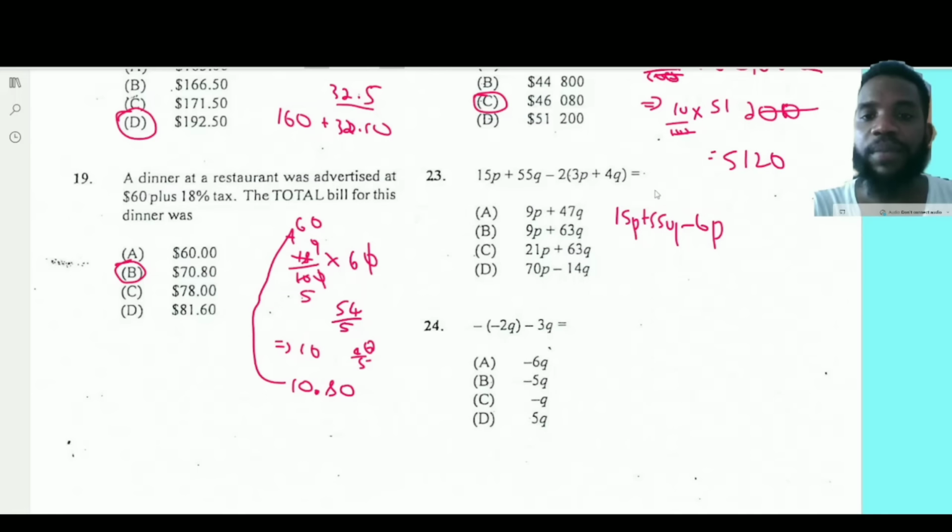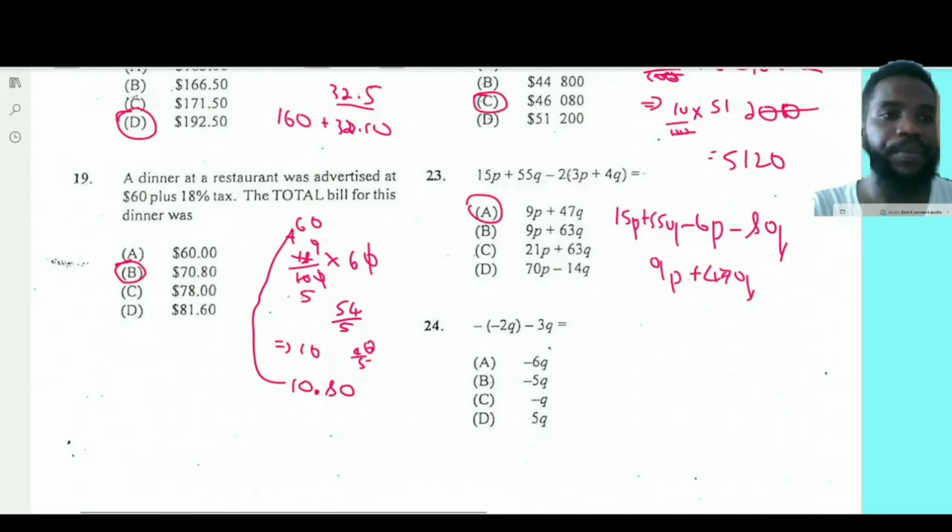And minus 2 times 4q is going to give me minus 8q. Looking at the like terms, 15p minus 6p is going to give me 9p. And 55 minus 8 is going to give me 47, so plus 47q. So that makes the answer A as in apple.